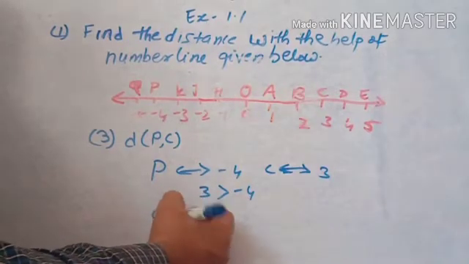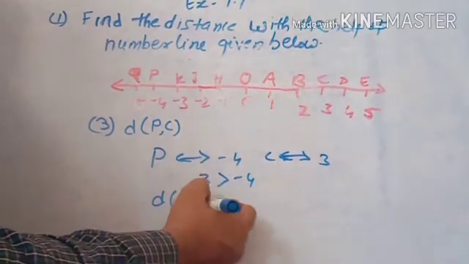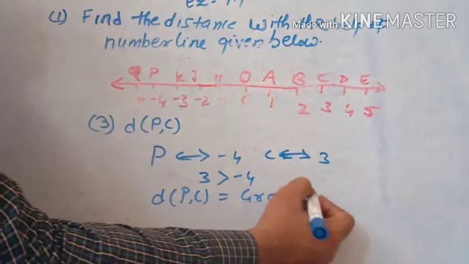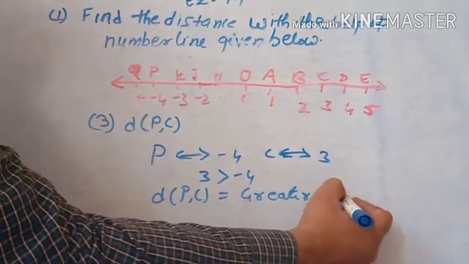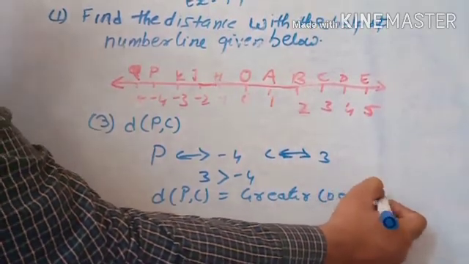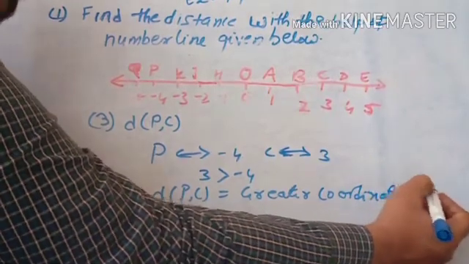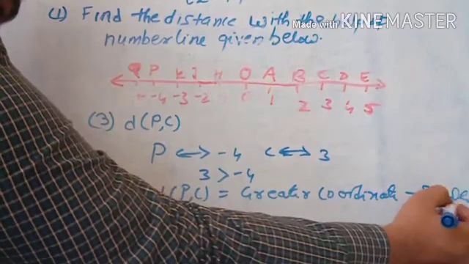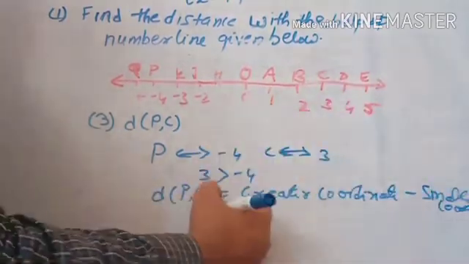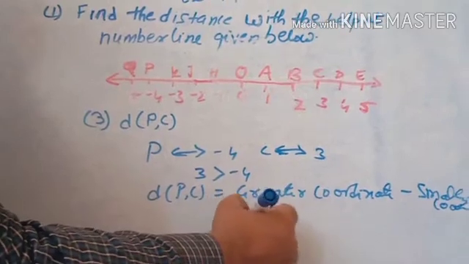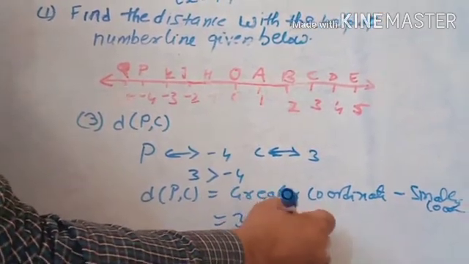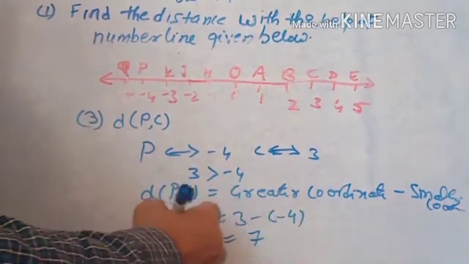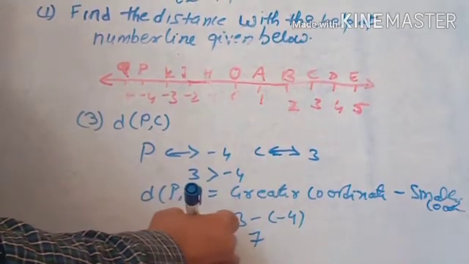Therefore distance PC is equal to greater coordinate minus smaller coordinate. The greater coordinate is 3 minus -4. 3 minus minus 4 is 3 plus 4, which is 7. Distance PC is equal to 7.